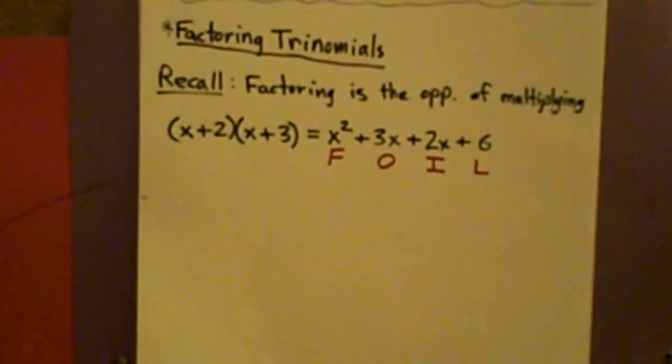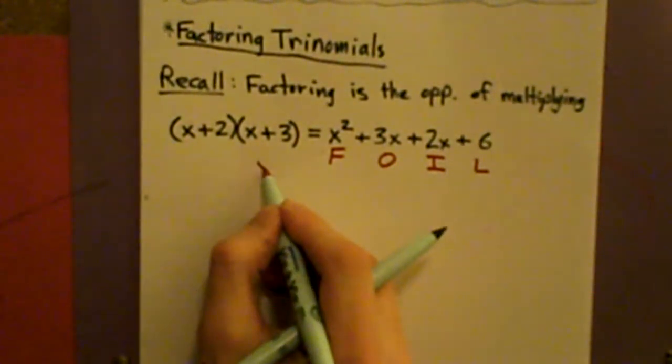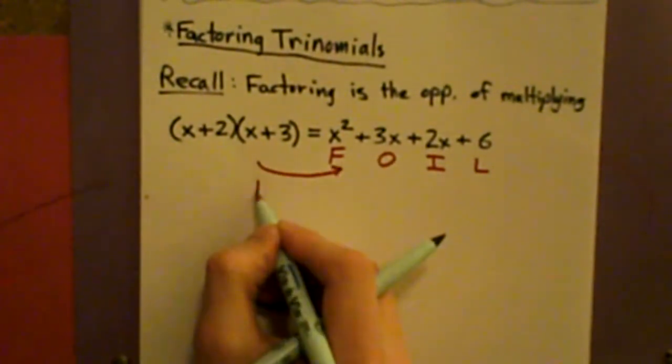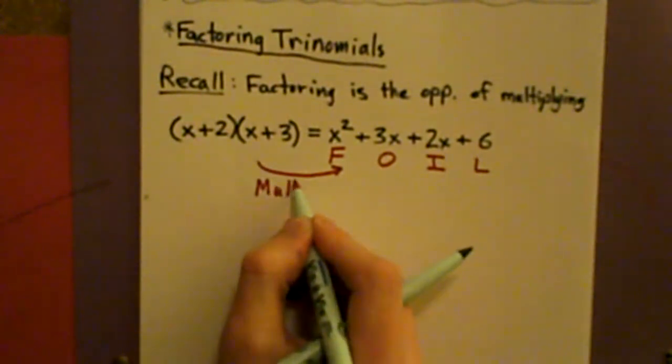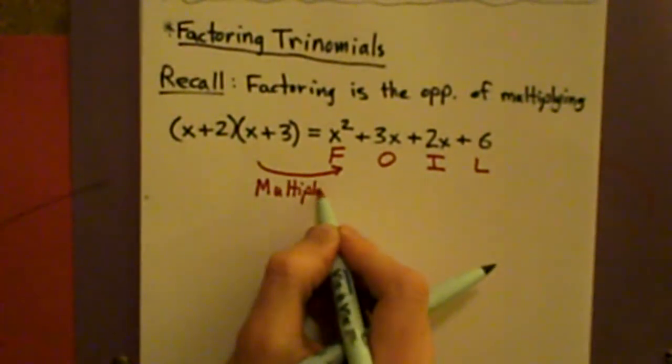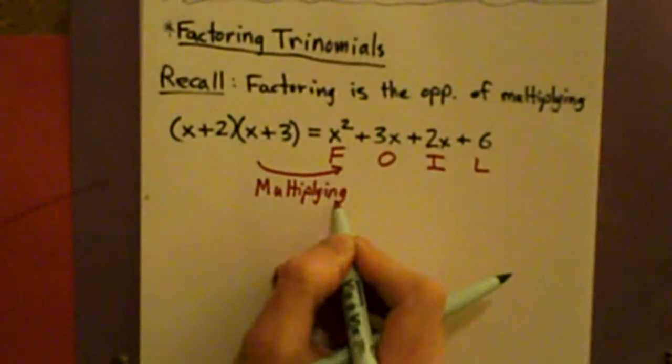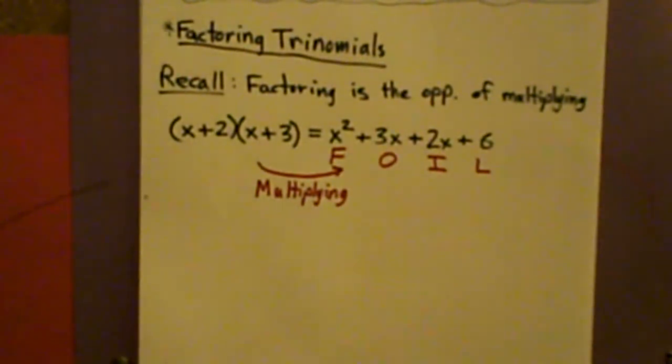And so we said that factoring is the opposite of that process. If we're moving in this direction, left to right, we are multiplying. What we're going to be doing, though, is the exact opposite direction.